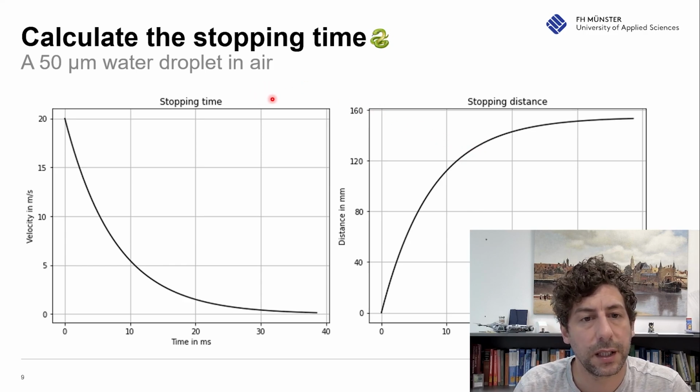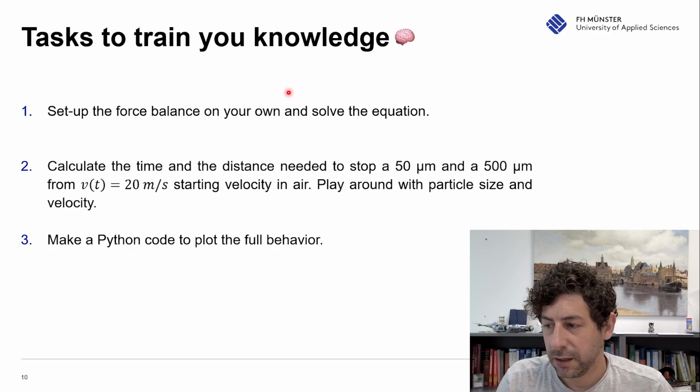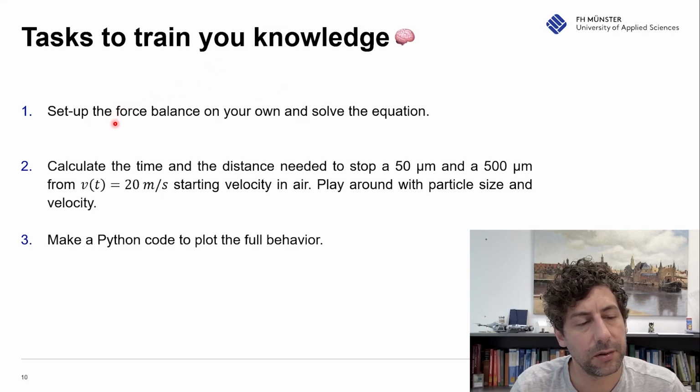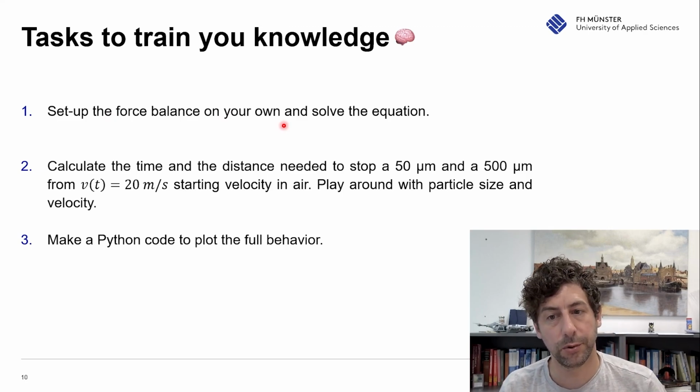But now you can calculate it also for the case of stopping in gas. So what should you do to train your knowledge a little bit? I would really recommend that you set up the force balance by yourself and solve the equation yourself to see if you understood and can follow it.